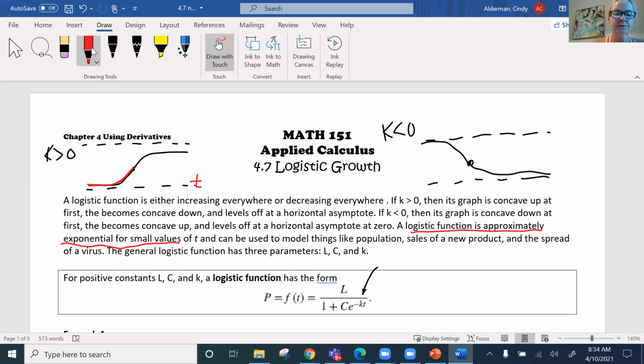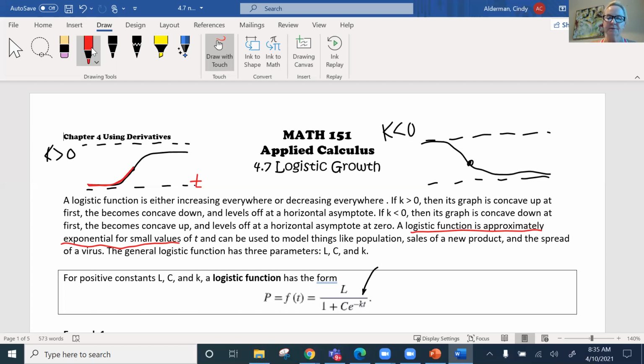But then what happens is it reaches a capacity, a level where it won't get any bigger. And we use it to model things like particularly population. There's a bunch of examples in Wiley on sales of a new product. And of course, the spread of a virus like the coronavirus.